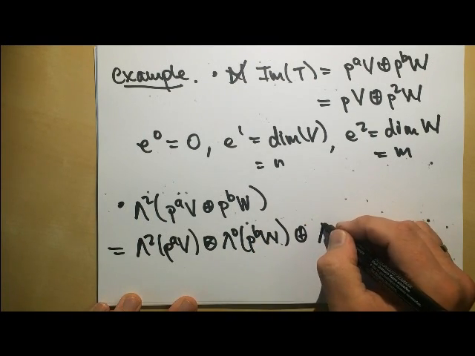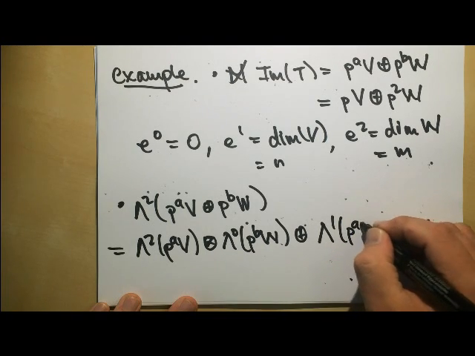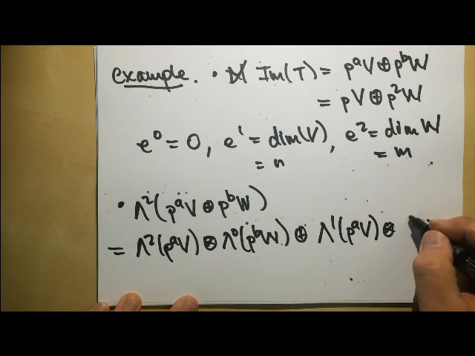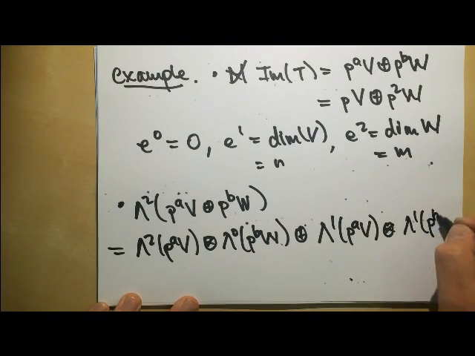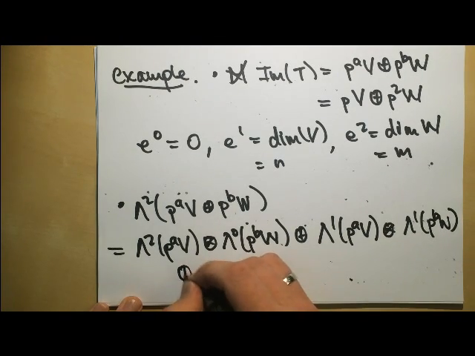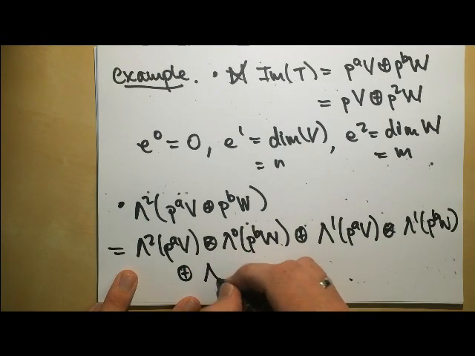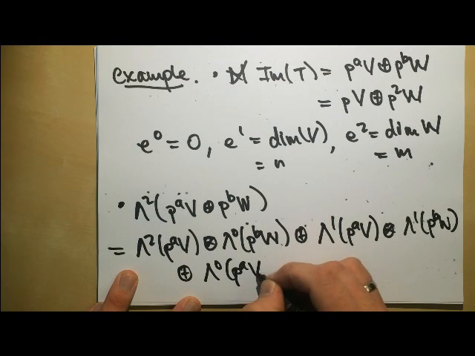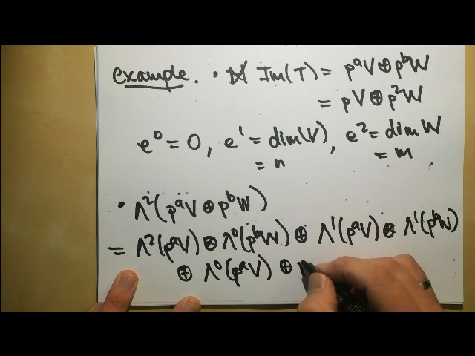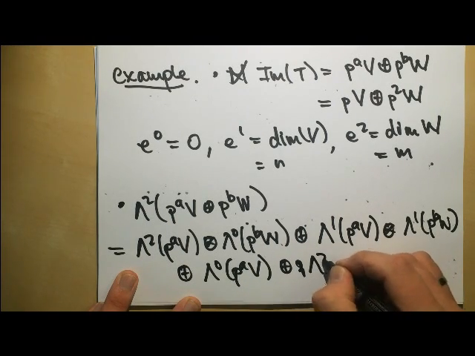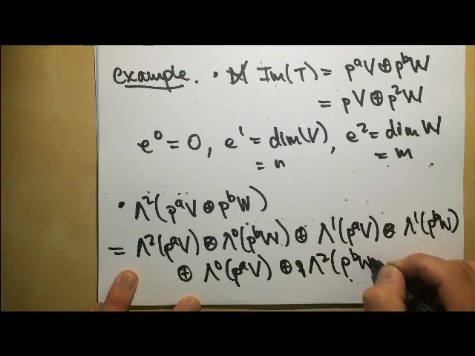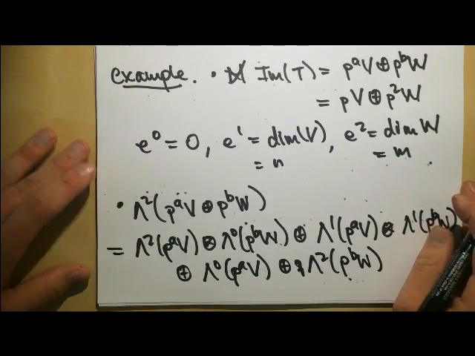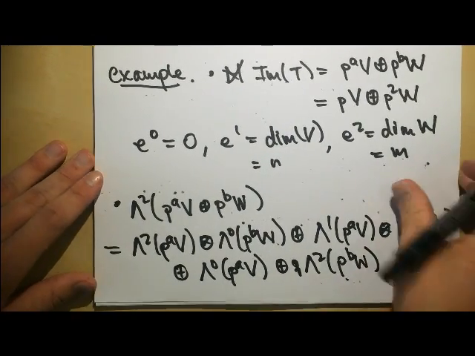Direct sum the first wedge power of both of these things, and so the 0 p to the a v, this thing, second. Okay, so we have this.